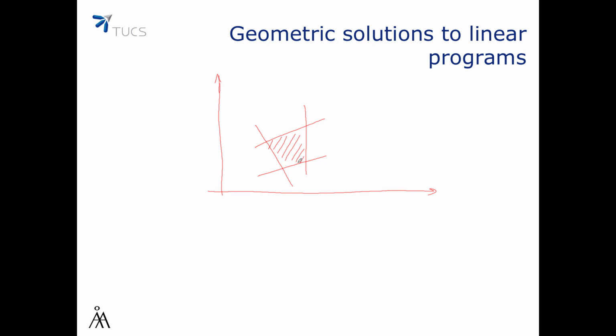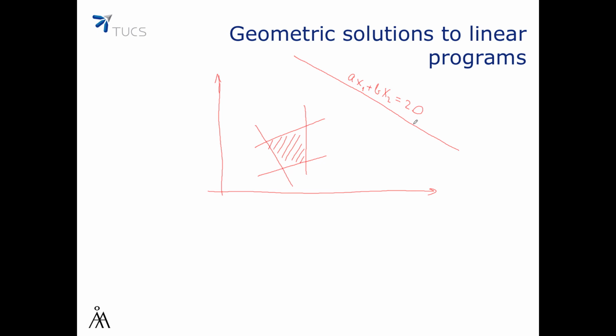So let's draw a line described by a times x1 plus b times x2 equals, say, 20. And perhaps that line is going to be like this. This line, as we already discussed, splits the plane into two regions, above the line and below the line.